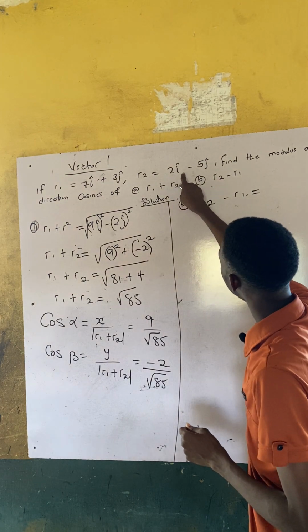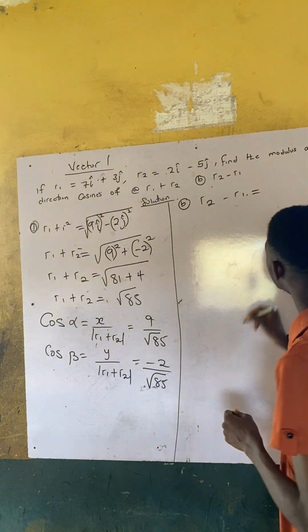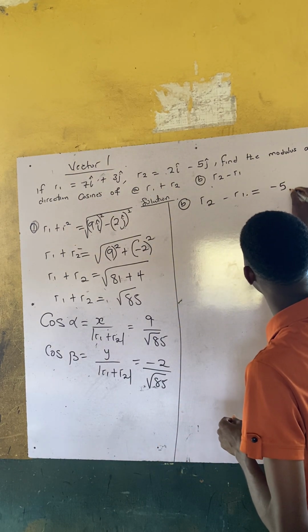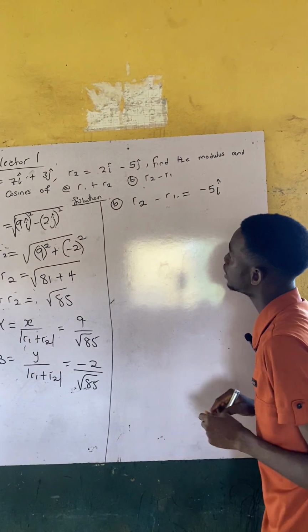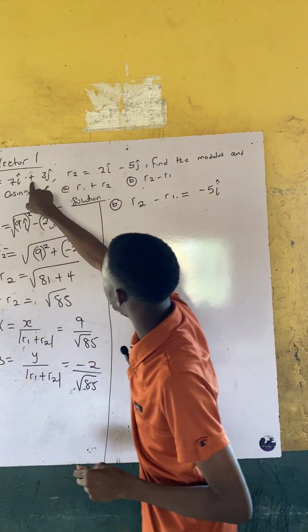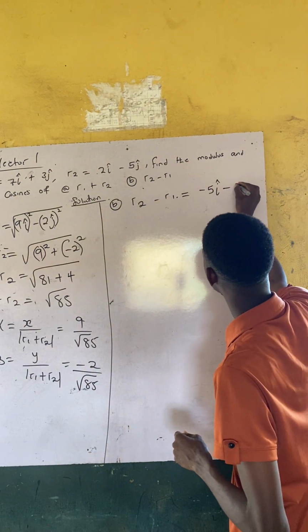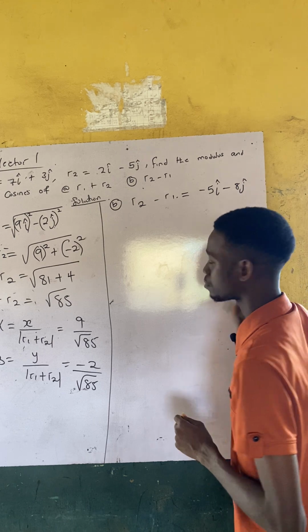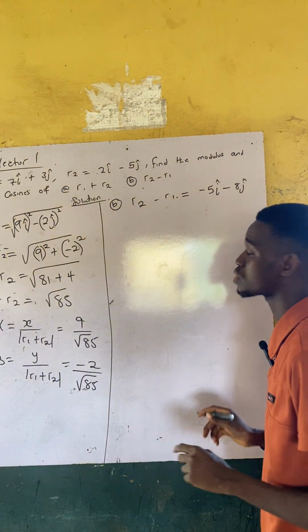So 2i minus 7i hat gives us minus 5i hat. Now, minus 5j hat minus 3j hat gives us minus 8j hat, because that minus will multiply this plus and it will give us minus.